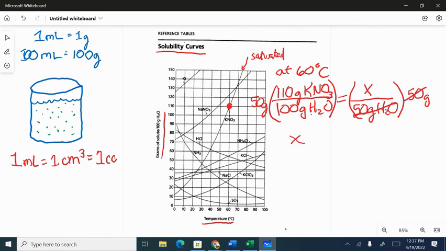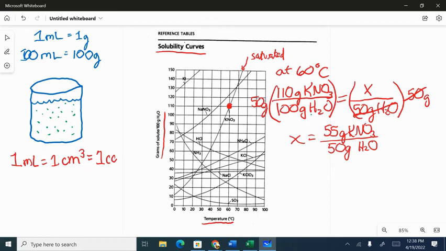That will give me that X is equal to 50 times 110 divided by 100. So 55 would be my answer. So 55 grams of KNO3 dissolves in 50 grams of water. Like such. So you can do problems and even solve for values that aren't 100 from this particular chart.